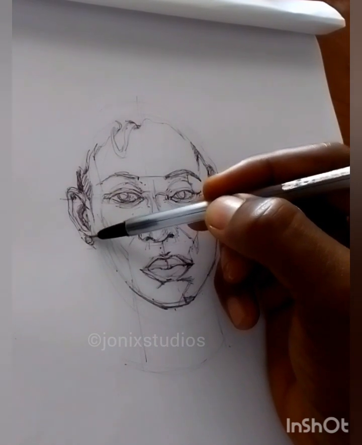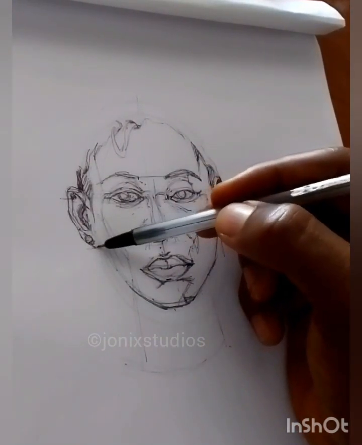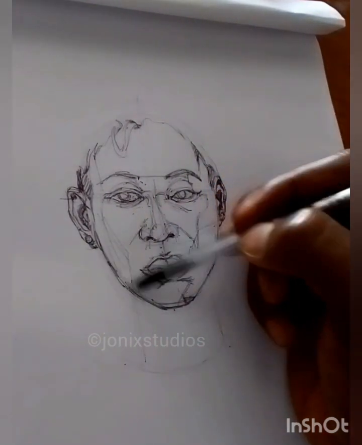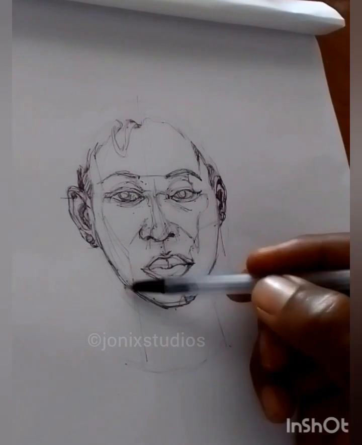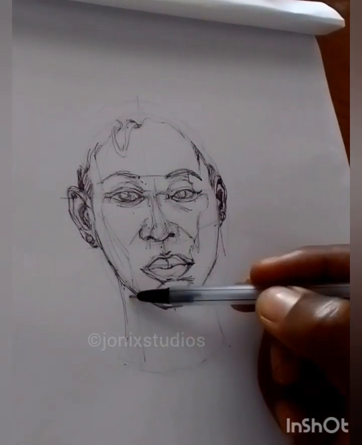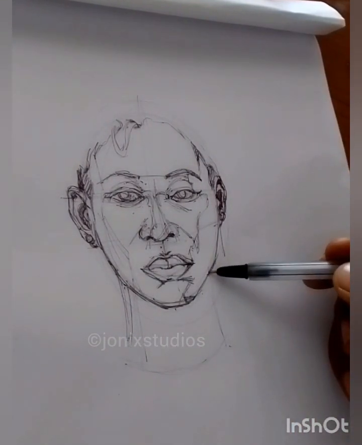I'm already shading because I can see that I've already captured most of the features of the face. So I'm already shading because those areas I don't just want to draw and leave that way. I'd prefer to just shade straight.